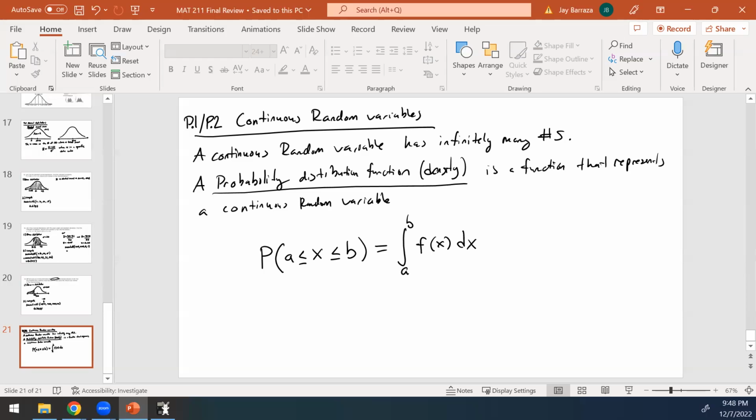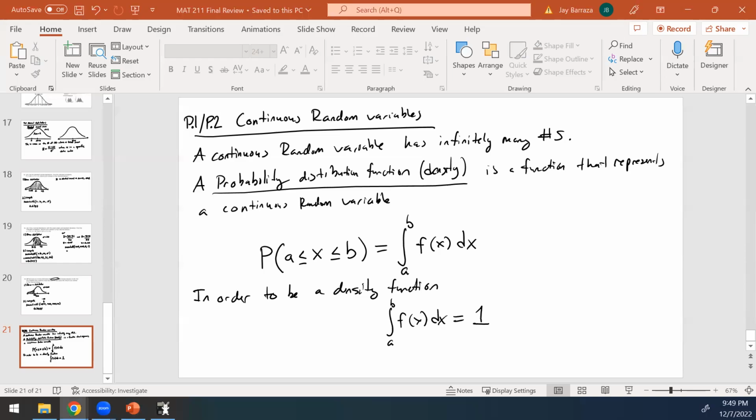And in order to be a density function, the integral from a to b of f of x dx must be equal to 1. That's the rule. It has to be equal to 1 if we want to do anything.